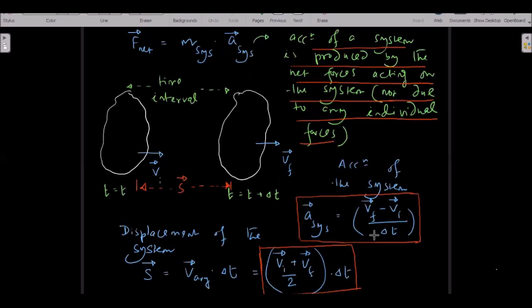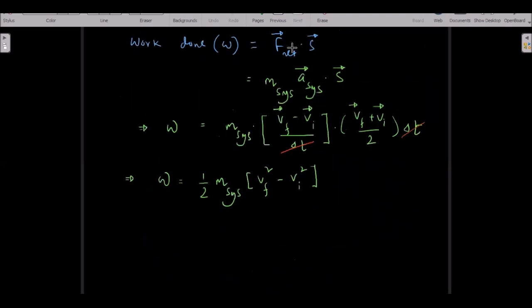We are picking the value of A system and displacement of the system, so we got this result. Half M system V final square is nothing but the final kinetic energy of the system. Half M system Vi square is the initial kinetic energy of the system. So final kinetic energy minus initial kinetic energy means change in kinetic energy.